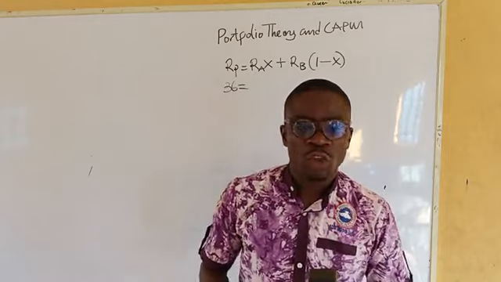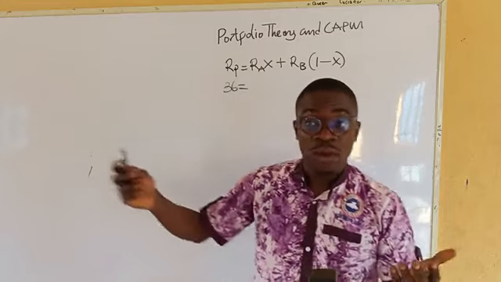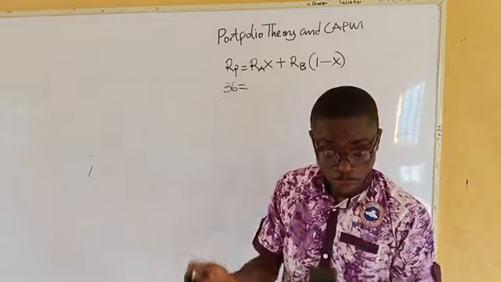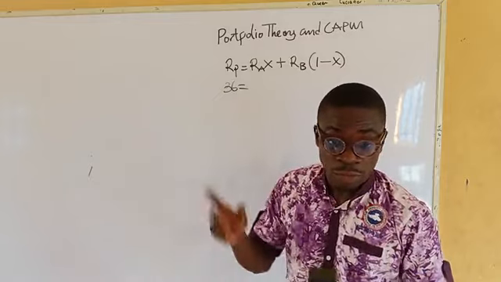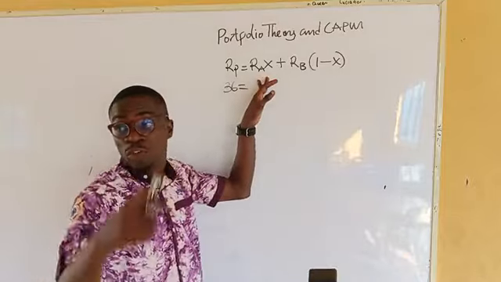Now, what is the expected return on stock A? You know we have calculated it earlier. You remember? So for those that we have calculated, let us not stress ourselves. So this is how to calculate the expected return on individual stock.